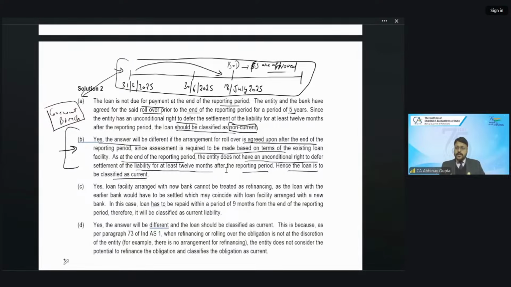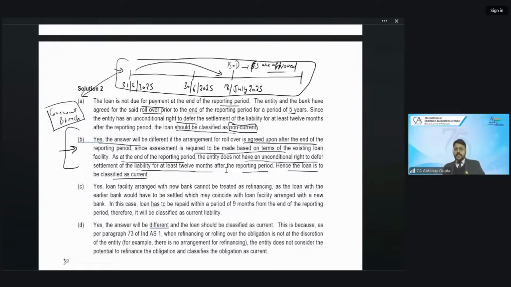In that case, to adjust these scenarios, Ind AS 1 as well as Ind AS 10 have taken a carve out from the IFRS, right? So globally, under the IFRS, the board of directors' financial statements approval date is not relevant. IFRS says, if there is a covenant breach, you have to take the waiver on or before the year end itself, right?